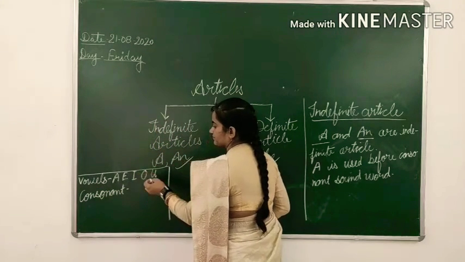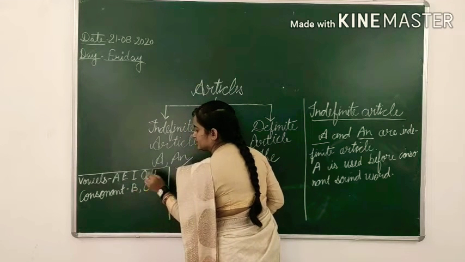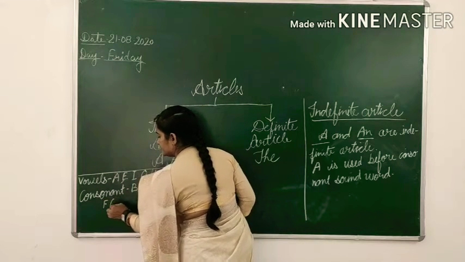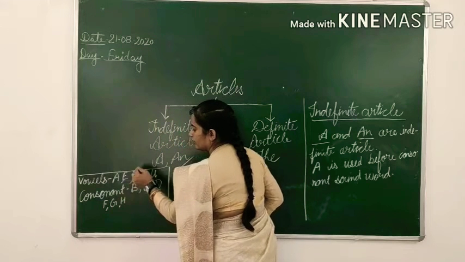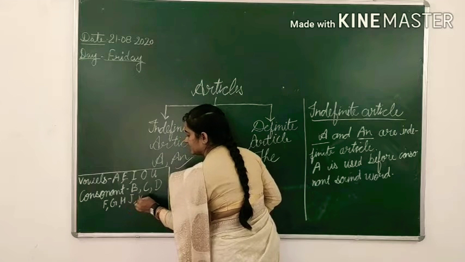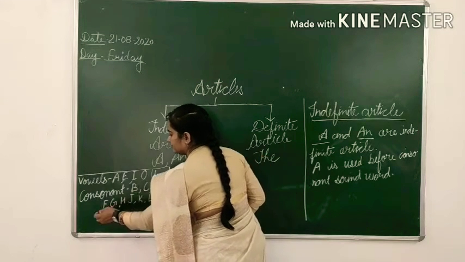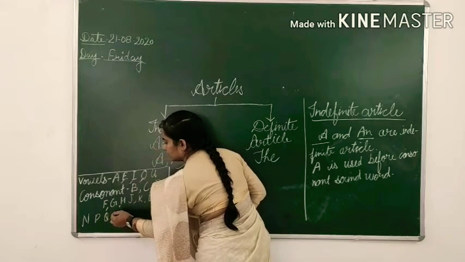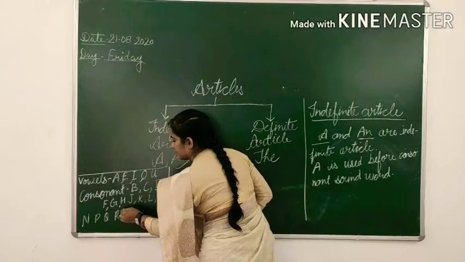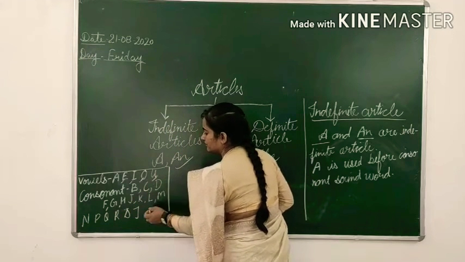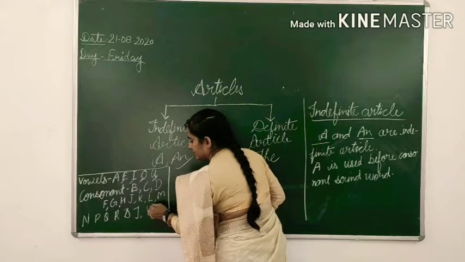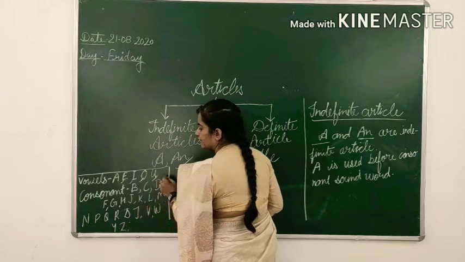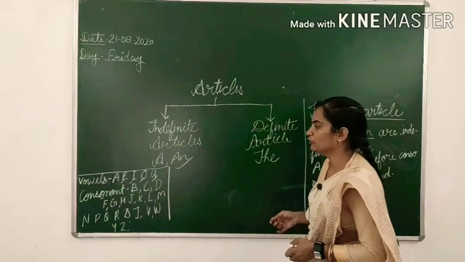Consonant means A is vowel, B, C, D, E is vowel, F, G, H, I is vowel, J, K, L, M, N, O is vowel, P, Q, R, S, T, U is vowel, V, W, X, Y and Z. These are consonants, and A, E, I, O, U are vowels.